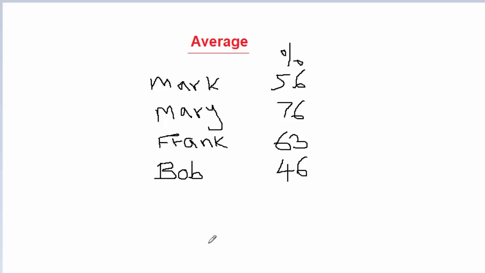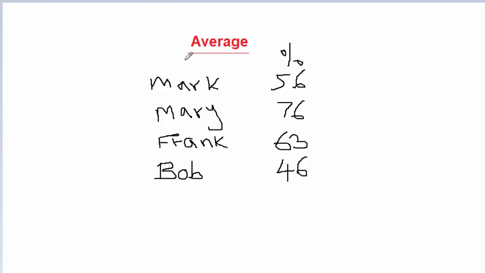So as a teacher, when I look at the data the way it is, it may be difficult to know on average what is the performance of the class. I have individual marks of each student, but if I want to compare my class with another class, I have to find the average performance.